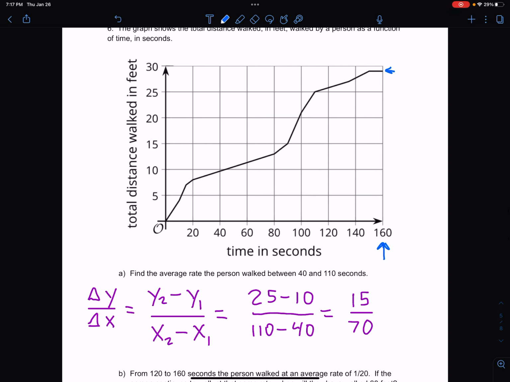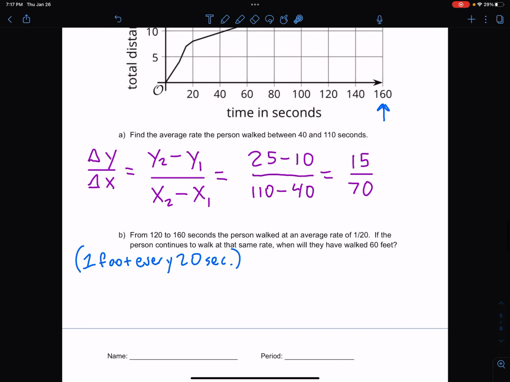That makes sense, right? We could just double from here to here, but you have a problem, because they were changing their speed. They were going fast and slow, fast and slow. And what they're telling me here is that this person walked at a rate of 1/20 from 120 to 160, and they are going to continue to walk at that same rate.